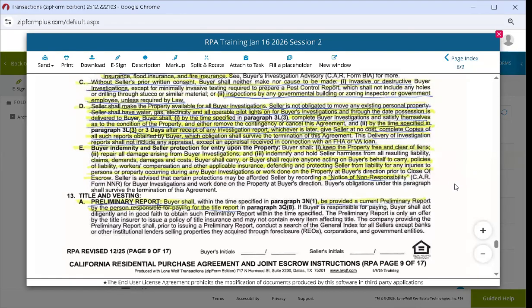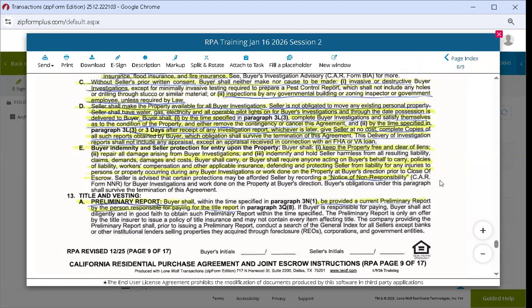So when the buyer is having inspections on the property, there's a need to keep the property free and clear of liens. Let's say it's an FHA or VA buyer where there are some lender-required repairs, but the seller says they have to have the repairs in order to close escrow, which I think is risky for the buyer side to do.